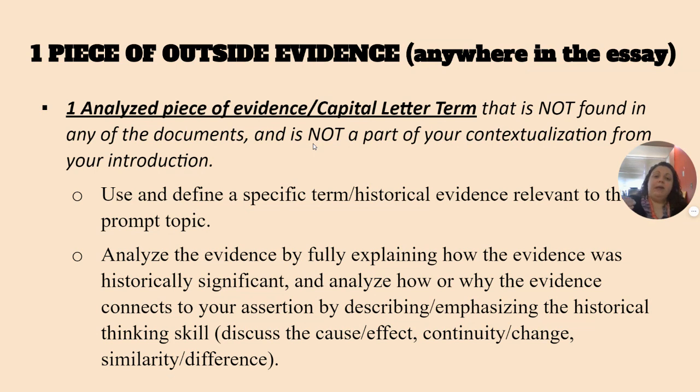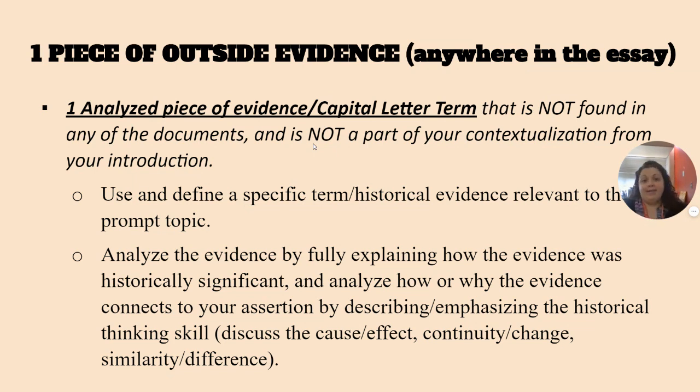So you need to make sure you look and read through all of your documents, look at the source, make sure you're picking a term that is not anywhere given to you, and it cannot be your context. So outside evidence, it's very important to look at your sources. Like if you have a speech by George Washington, you cannot use Washington as a CLT if they give it to you. It has to be something that you're bringing to the table that you know of historical evidence that helps your essay.